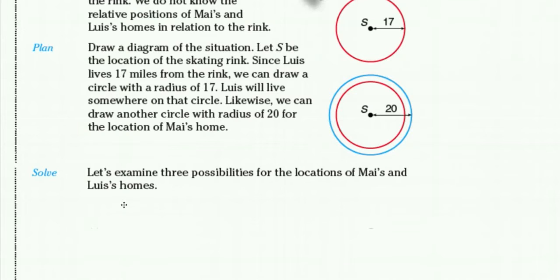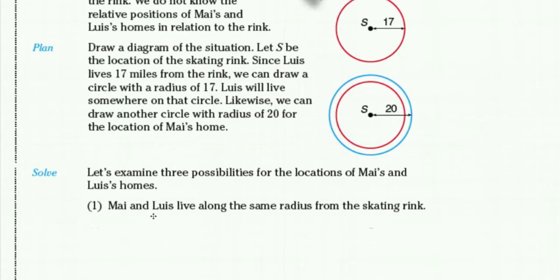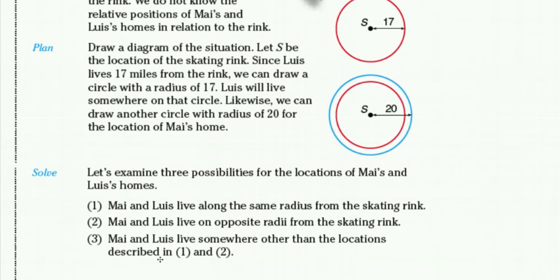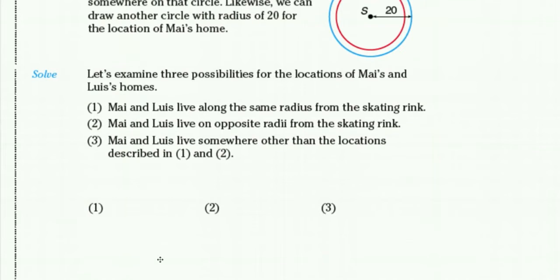Let's look at these 3 possibilities. First, Maya and Luis live along the same radius from the skating rink. That's the first possibility. Another possibility is that Maya and Luis live in opposite radii from the skating rink. And the last possibility, Maya and Luis live somewhere other than locations described in 1 and 2.